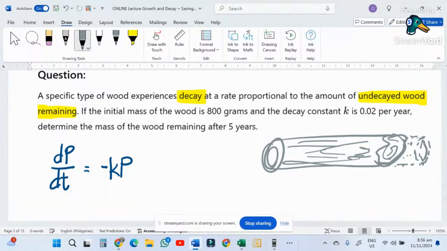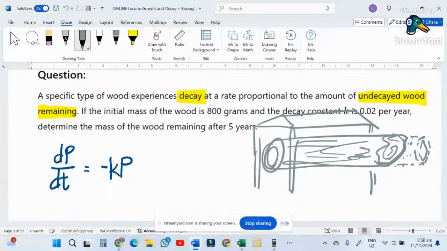But because of rain and shine and wind and temperature change and so on, a portion of the wood exposed to the sun, maybe this is on a shed for example, and the exposed part is the one that is being decayed.